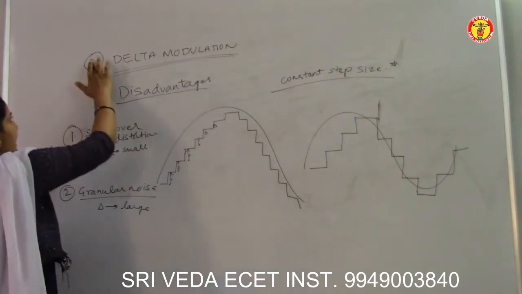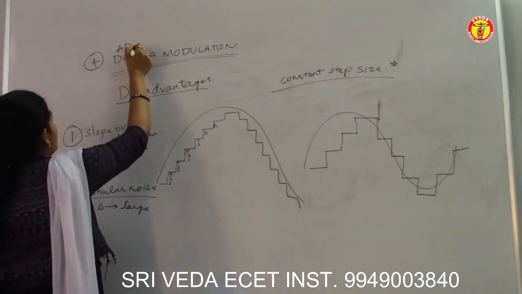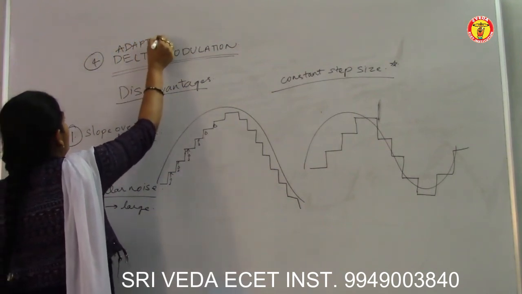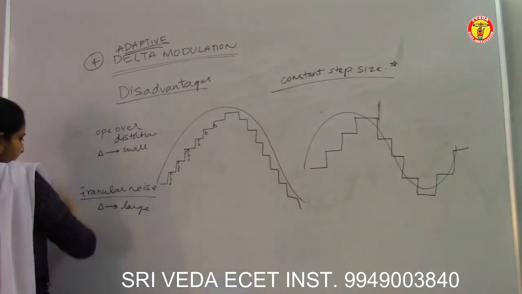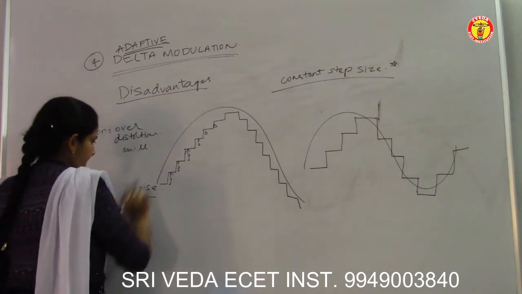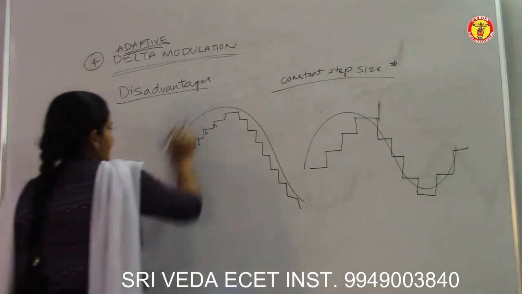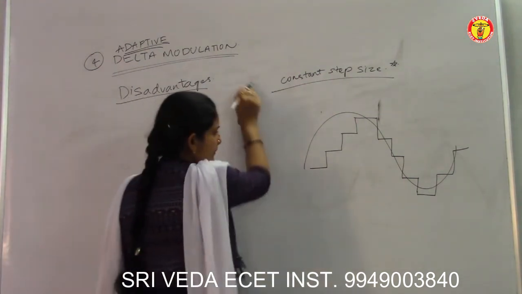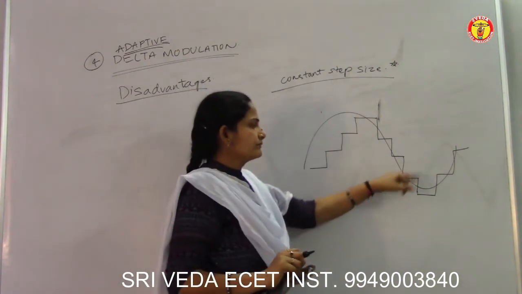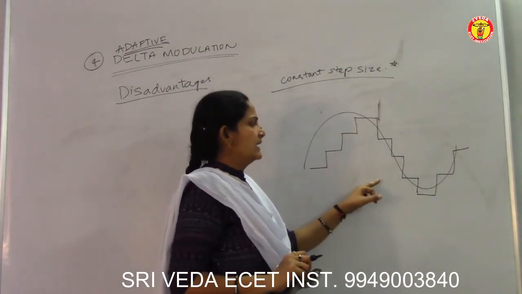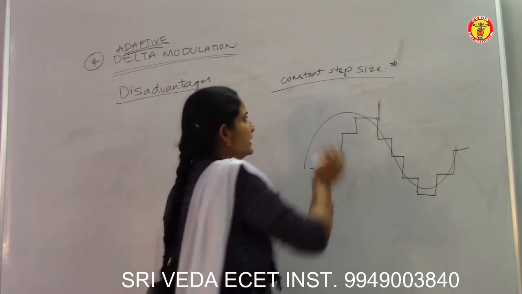The next modulation is adaptive delta modulation, that we will learn. Why have these distortions occurred? Because the step size is not following the message signal, we get both the distortions.